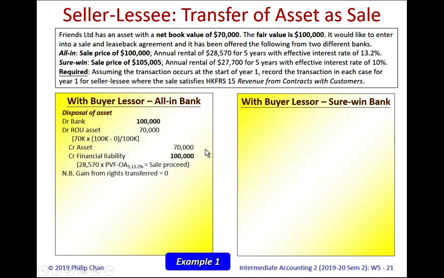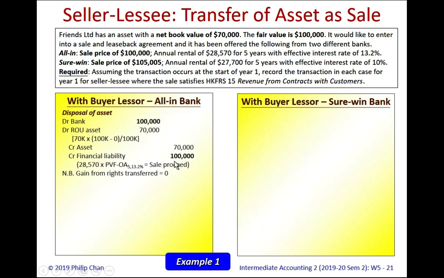Then you have to credit the financial liability, which has to be based on the annual payment of 28,570, 5 years, 13.2%. So we will use this formula: 28,570 times PVFOA, 5 years 13.2%, which happens to be equal to the sales proceeds, 100,000.